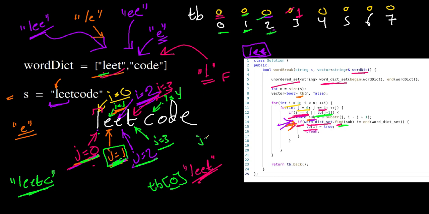Now j equal 4. tb of 3 is true, so it's good. So this condition applies. Now we need to check the substring from j equal 4 to i equal 4, which is the letter C itself. Does this substring exist in the dictionary?